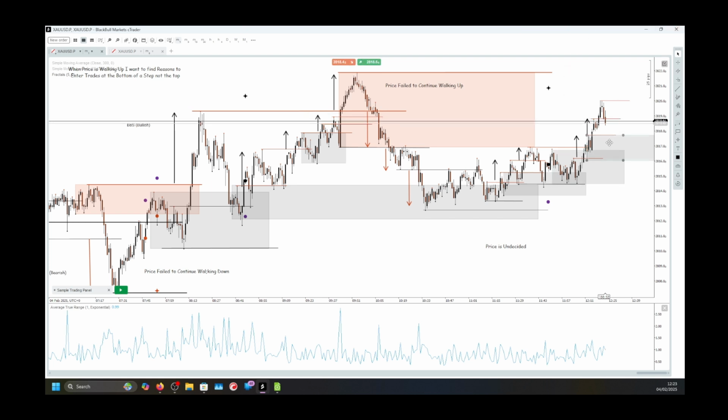And now you see, it won't surprise me to see price come back into here, at least to this point. And it might only come to there.